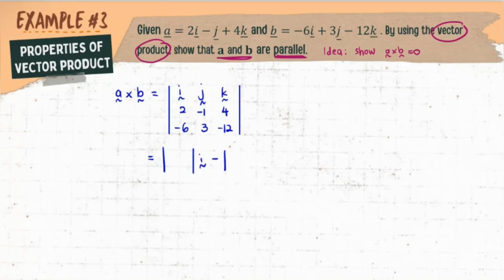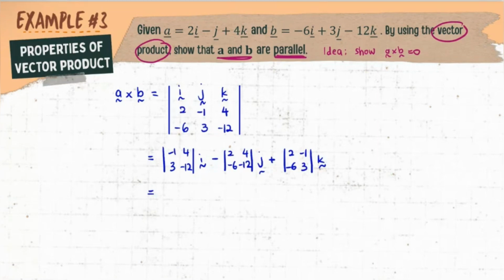I minus bracket J plus bracket K. Tutup I yang tinggal adalah negatif 1, 4, 3, negatif 12. Tutup J yang tinggal adalah 2, 4, negatif 6, negatif 12. Tutup K yang tinggal adalah 2, negatif 1, negatif 6, 3.